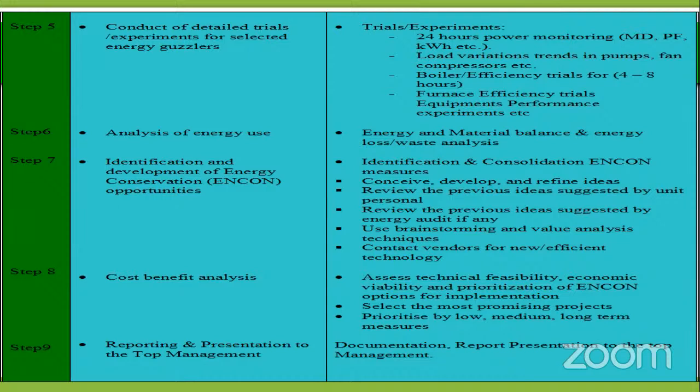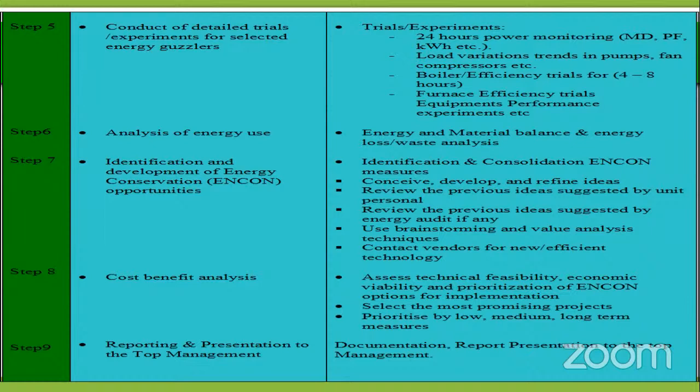So step 6 is analysis of energy use, energy and material balance, and energy loss and waste analysis. This needs to be taken care of. Energy and materials, one, demand versus supply. So when 100 kgs are there in the bunker, how much energy can be generated? That is the calculation.